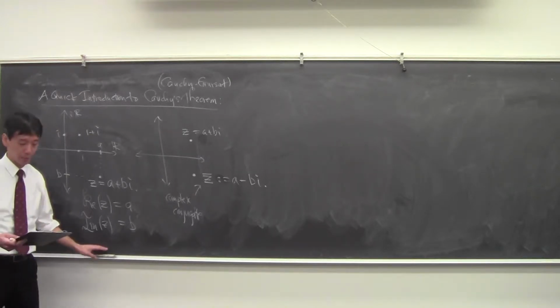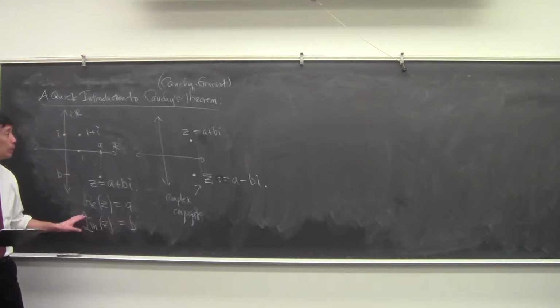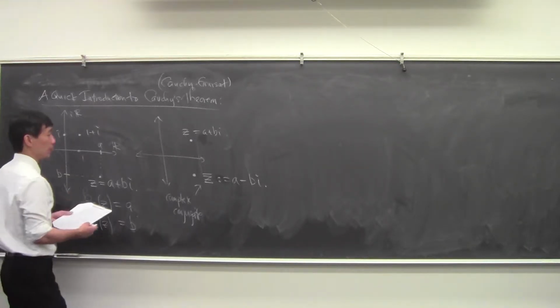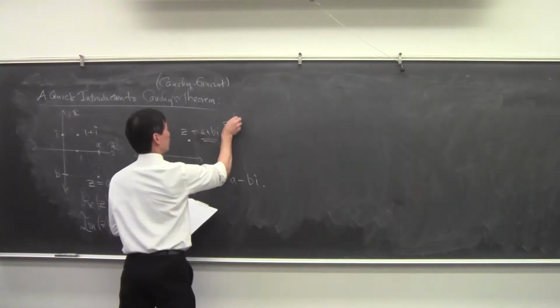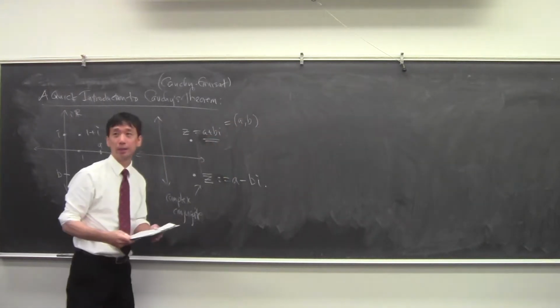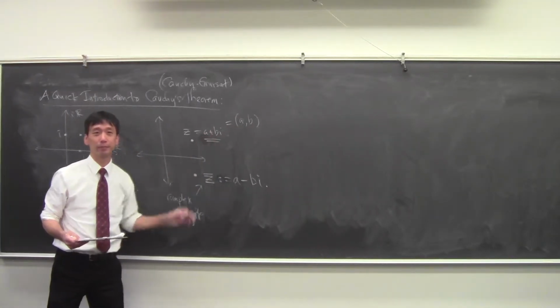That's called the complex conjugate. We'll sometimes write it a plus bi. We'll also sometimes write it just a comma b. If you see me writing a comma b, what I mean is a plus bi.